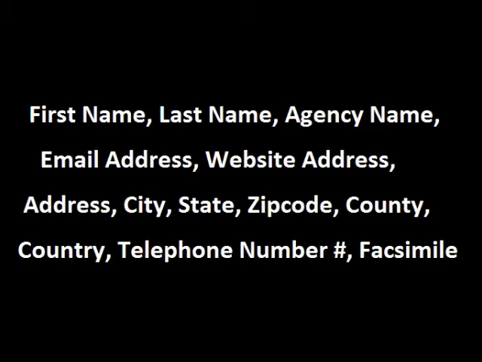And then every single one of the million contacts has an email address, also the listed website address, as well as the physical address, which would be the street address, the city name, the US state, the zip code, and the county, and of course the country, United States.